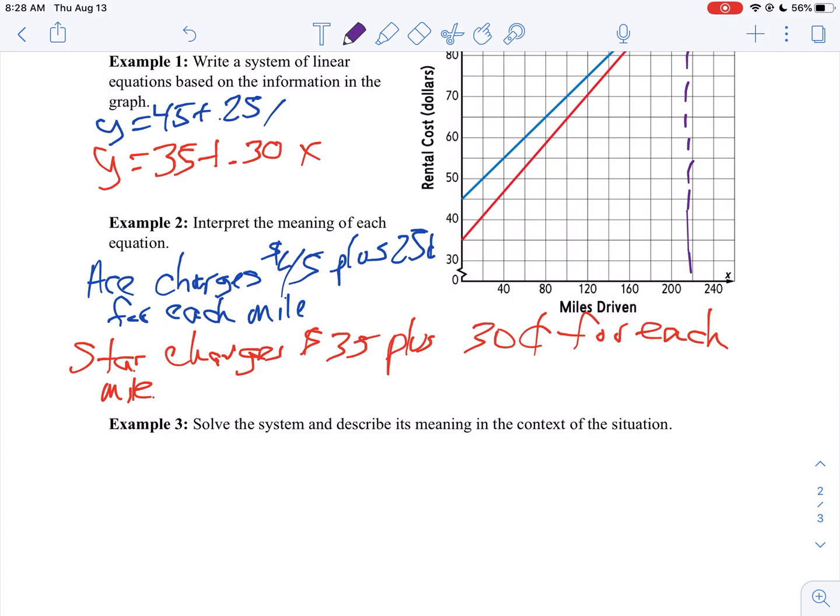So at 220 miles, both companies charge the same amount.